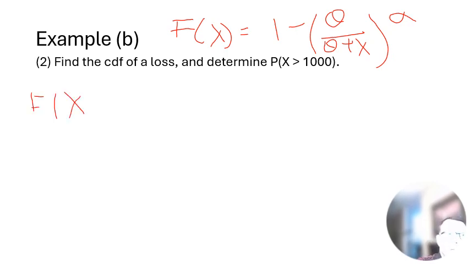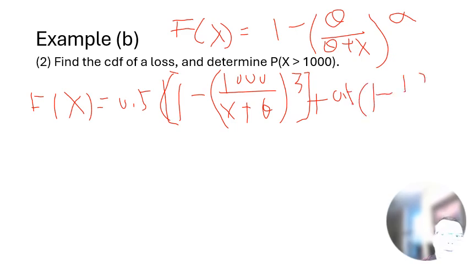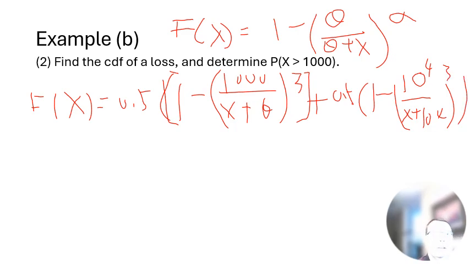Fx will be equal to 0.5 times 1 minus 1000 over x plus 1000, raised to the alpha, 3 power, plus 0.5 times 1 minus 10,000 divided by x plus 10,000 raised to the alpha.